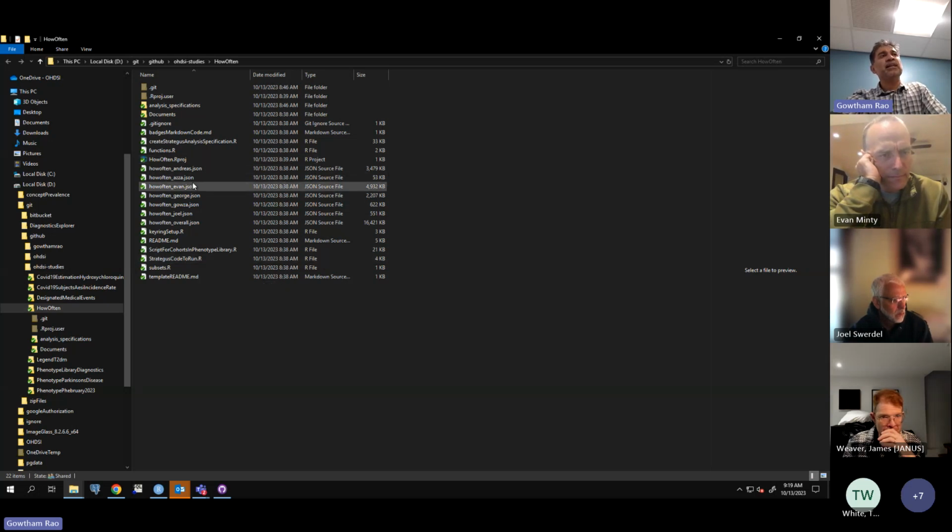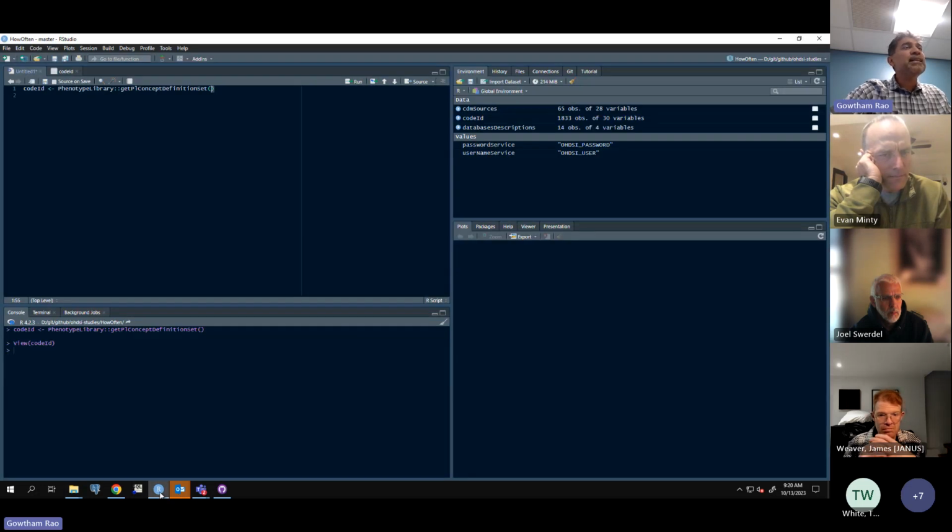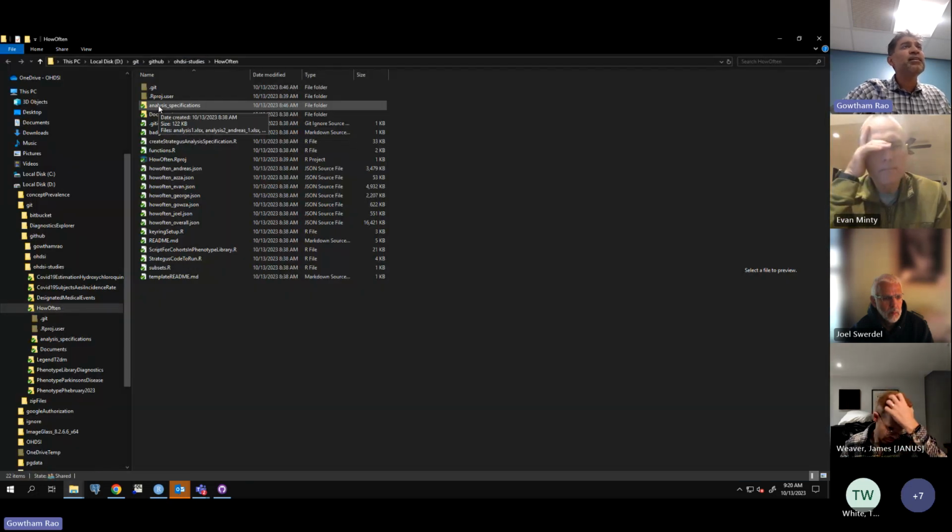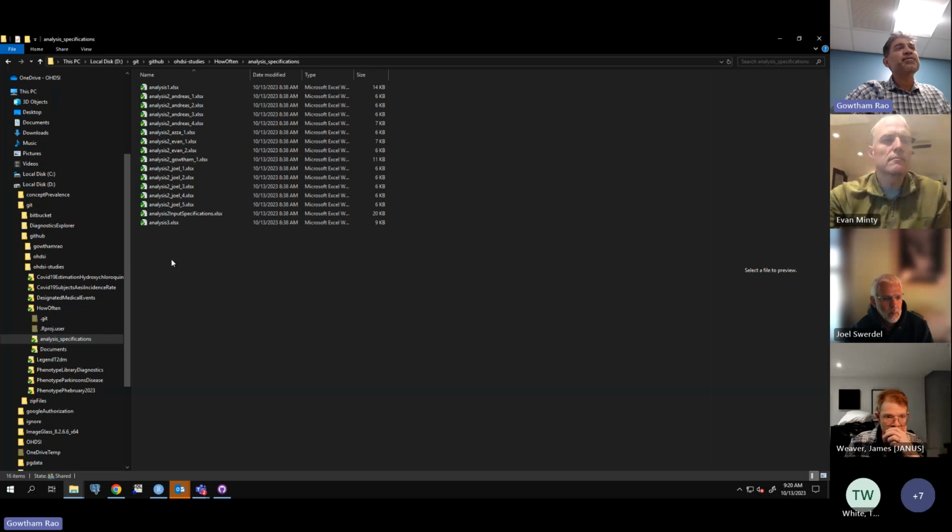These are the different investigators as named by Joel: Andreas, Aza, Evan, George Ripchak, me, Joel, and then there is an idea of overall. This is the specification that uses the OHDSI software called Strategus. Inside this are the analysis specifications that it is using as inputs.